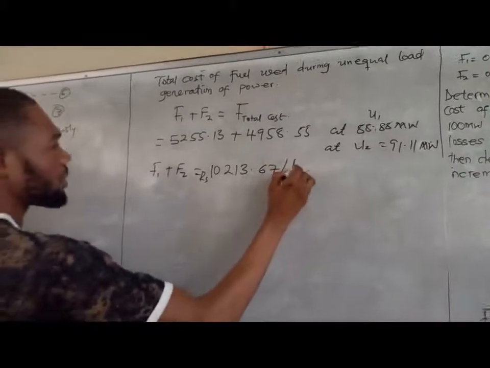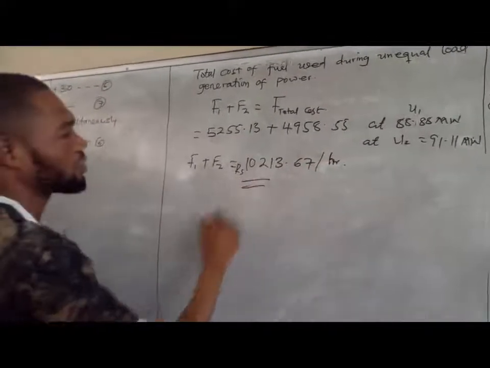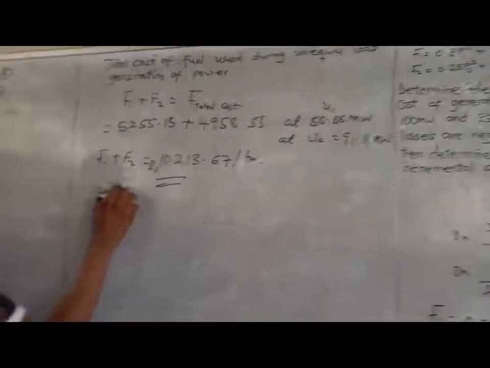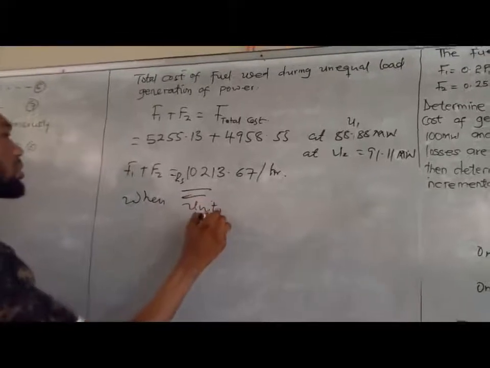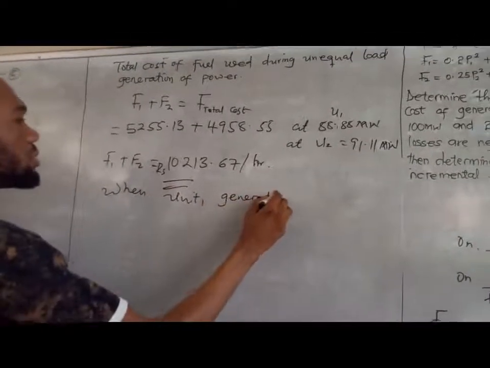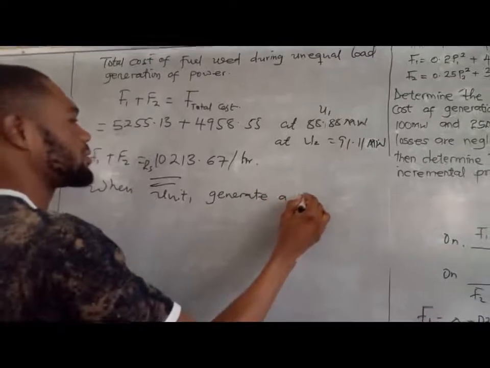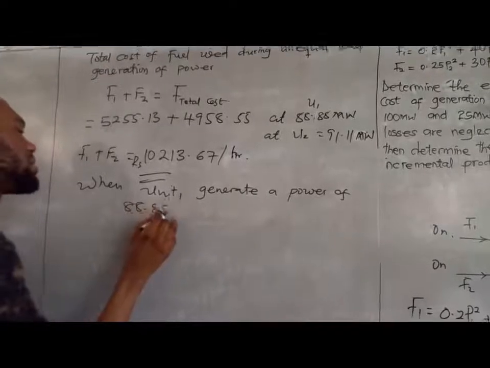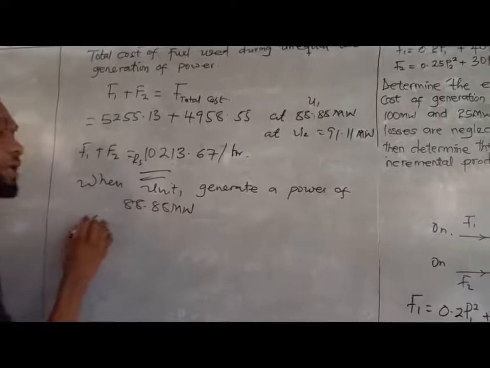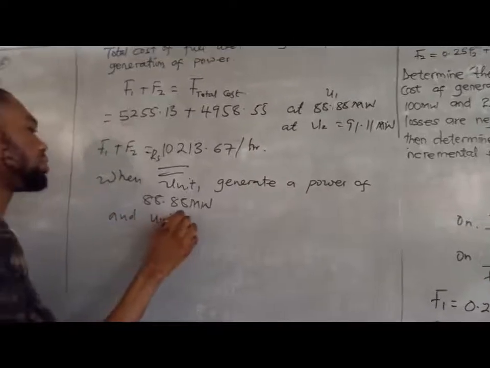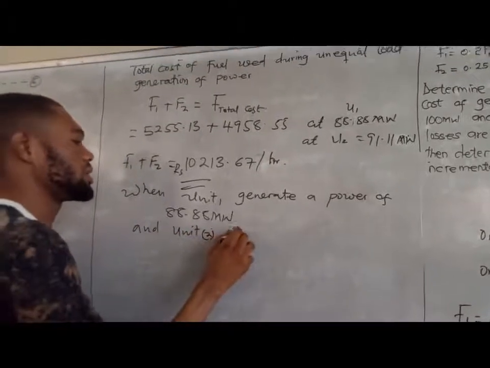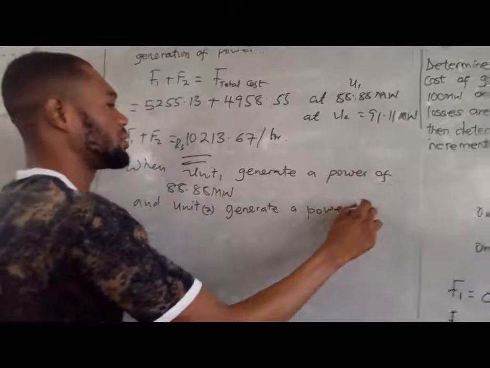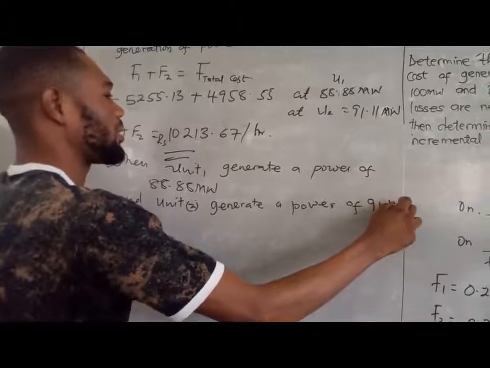This will be the total cost of fuel for when unit 1 generates a power of 88.8 megawatts and unit 2 generates a power of 91.1 megawatts.